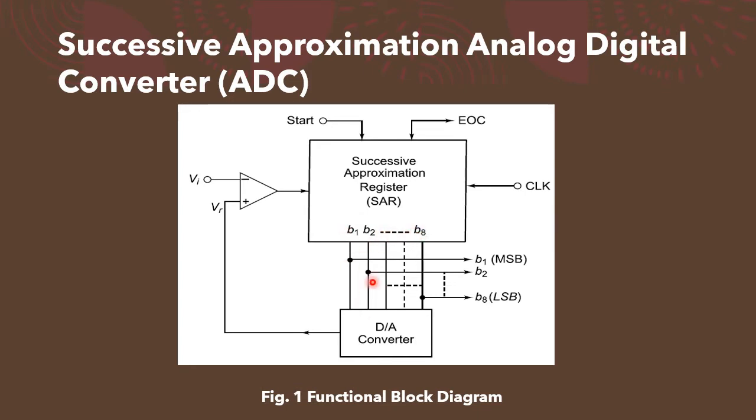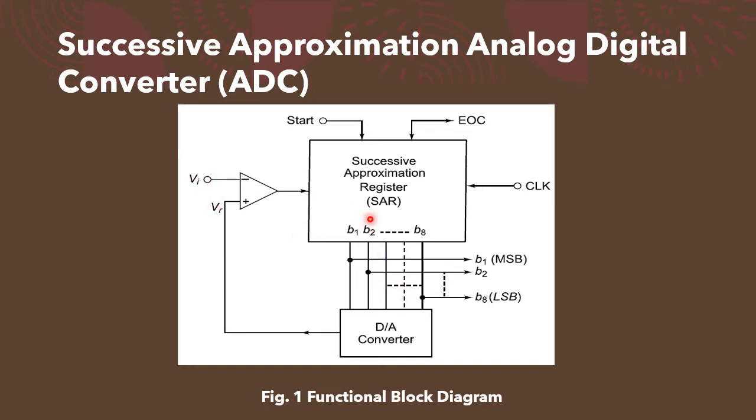And now this 1 0 0 is converted into an analog signal that is given here. Now it is compared with the given analog signal. If this value is greater, here you will get 1. That means again this value is greater, so the generated value is smaller. It is not equal to VA.